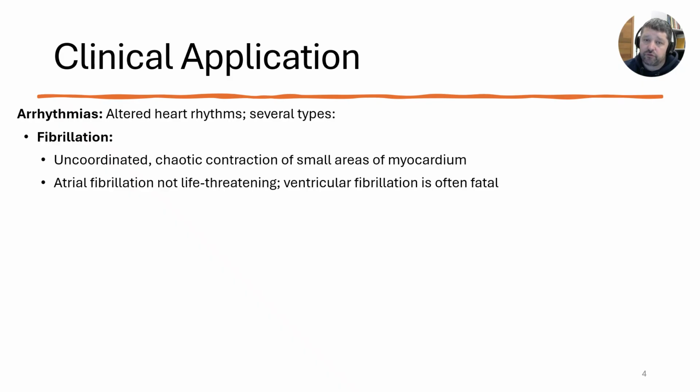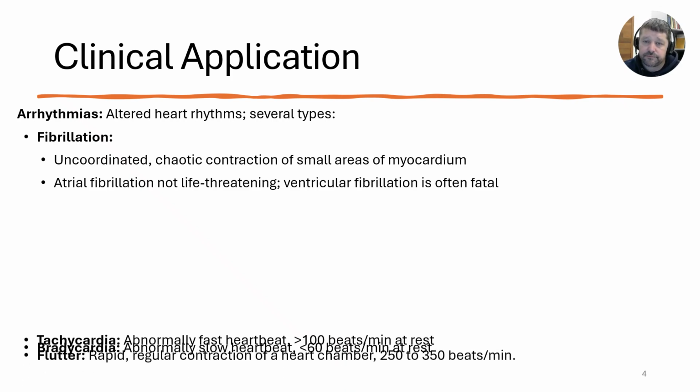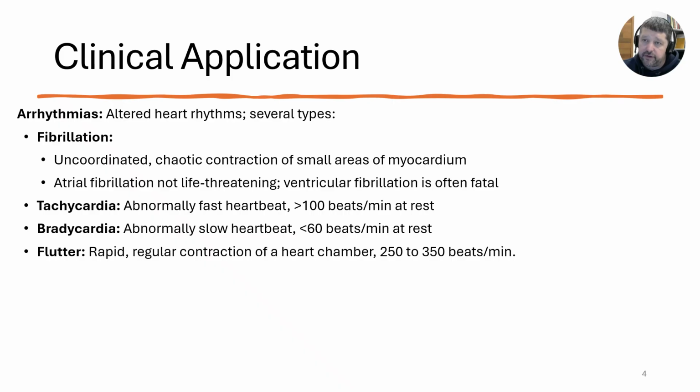So ventricular contractions are really based on a lot of force that's building up. And so if the ventricles are not firing in unison, there's not enough force to push the blood out the aorta or out the pulmonary trunk. Tachycardia, we've talked about it in class quite a bit. That's an abnormal heartbeat, greater than 100 beats per minute.